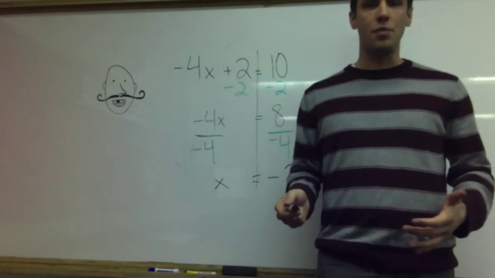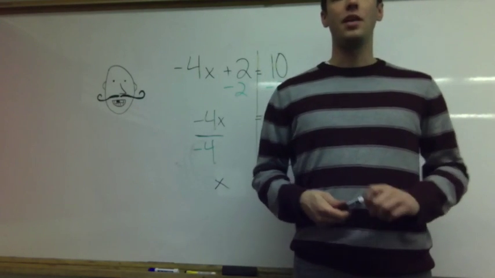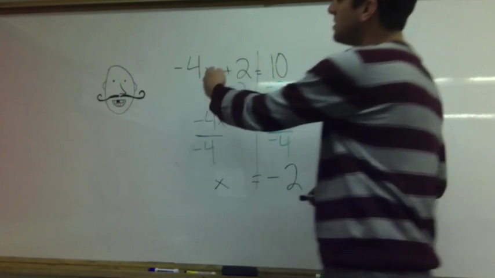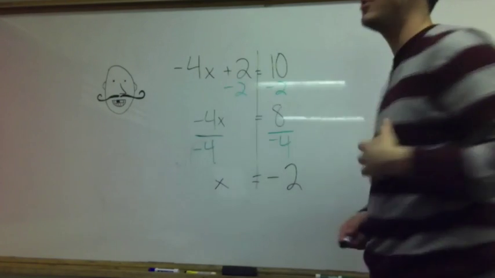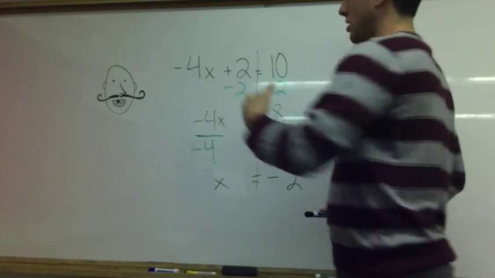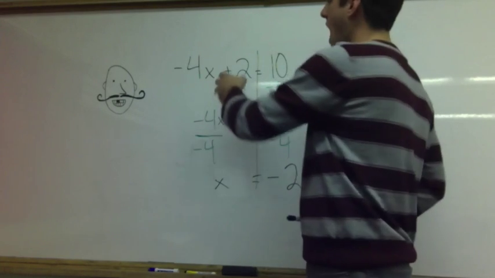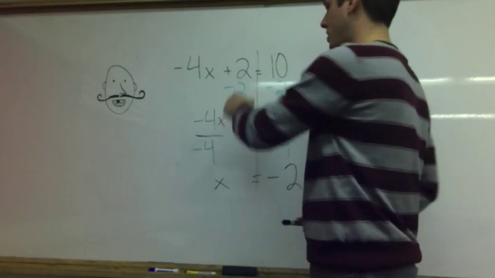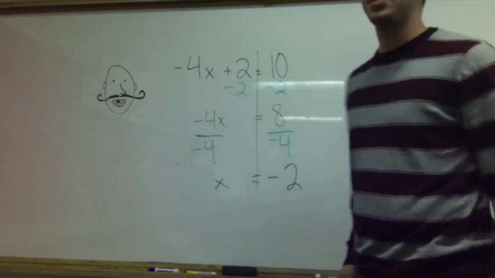So with any problem you come across today, I want you to think, what is the order in which we solve it? Then think, what is the opposite of that order? And start taking away terms in the opposite of that order.